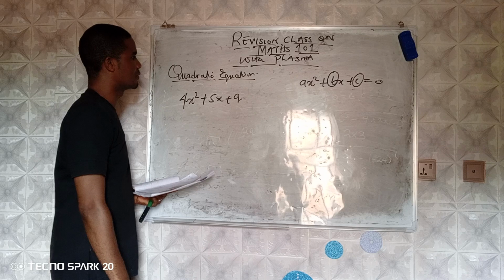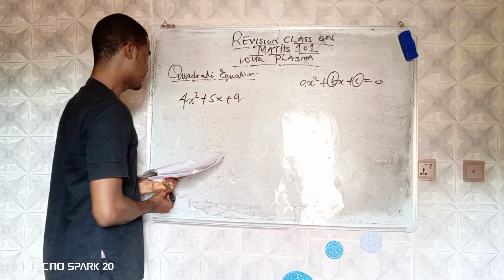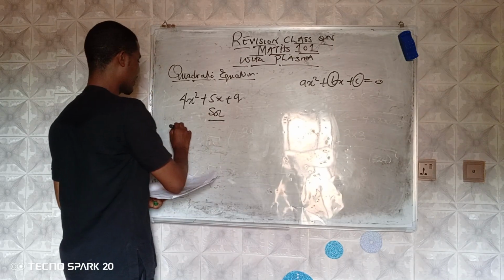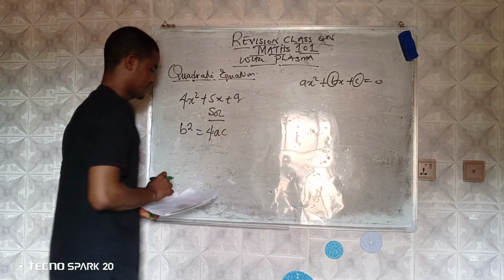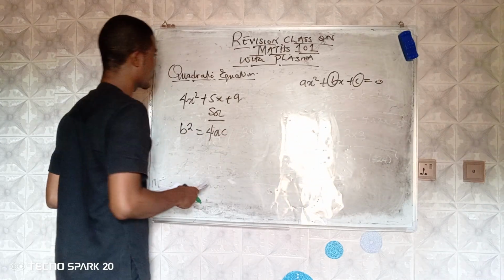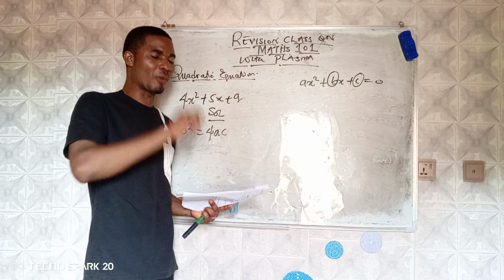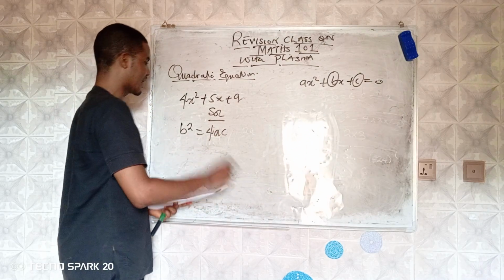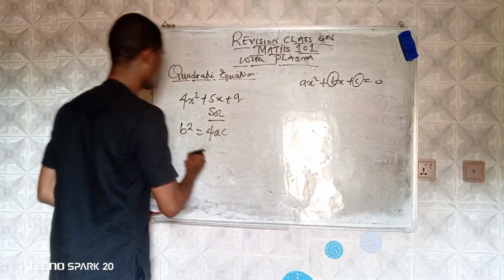For this to be a complete square, my solution will use b squared equals 4ac. To make a quadratic equation a complete square, you use the discriminant of the quadratic equation. So when you see such an equation in the exam, know how to move about it.